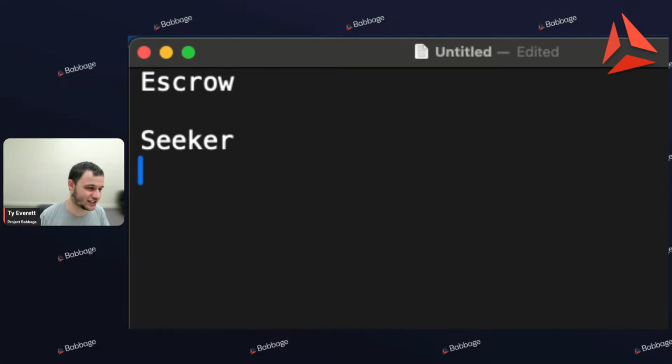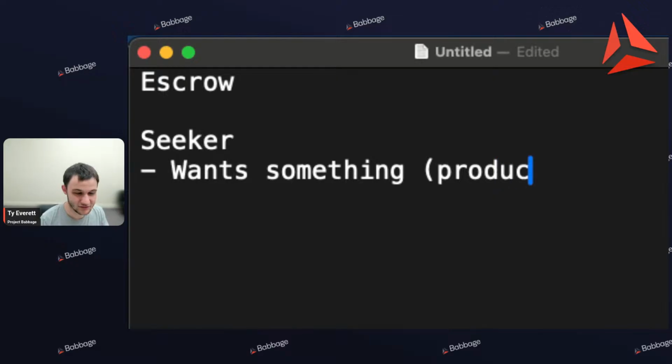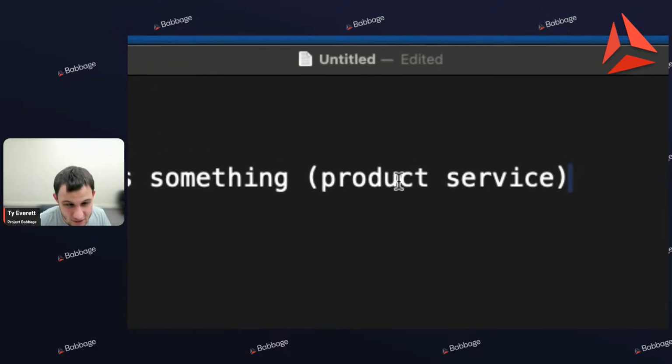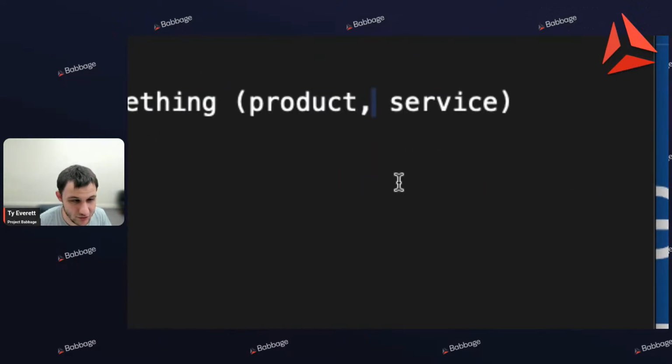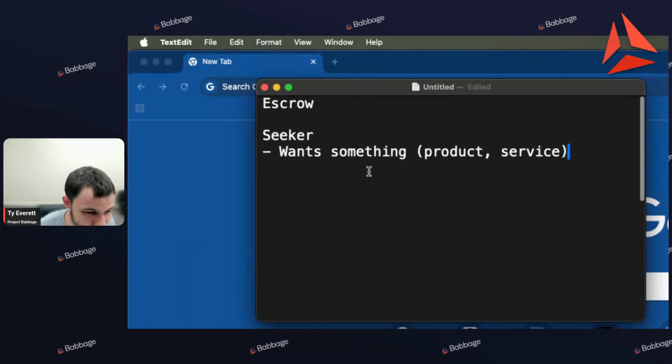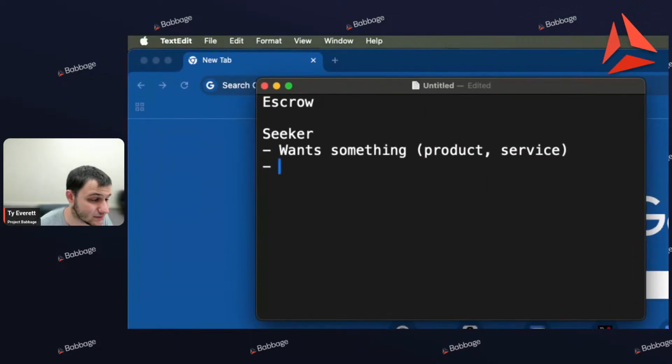An escrow has a seeker of services, a person who wants something, a product or service, and offers money. An escrow has a provider. No, they have a platform.